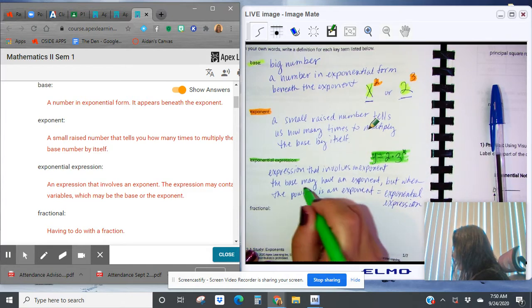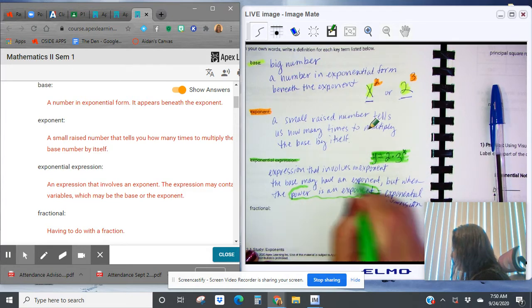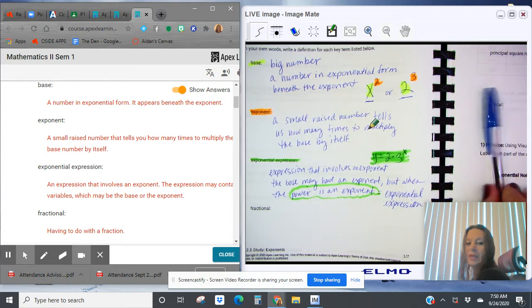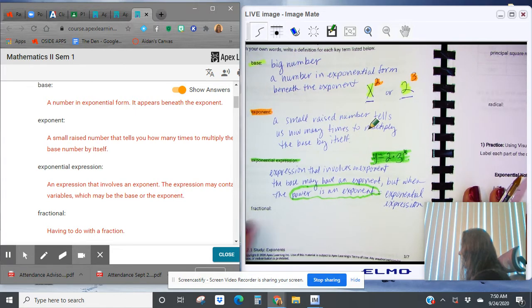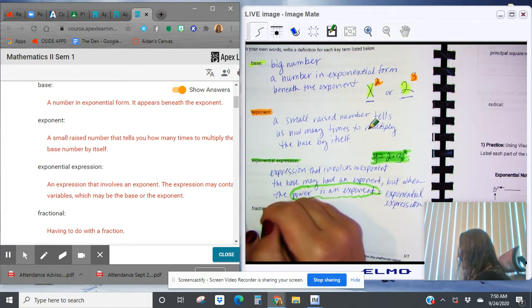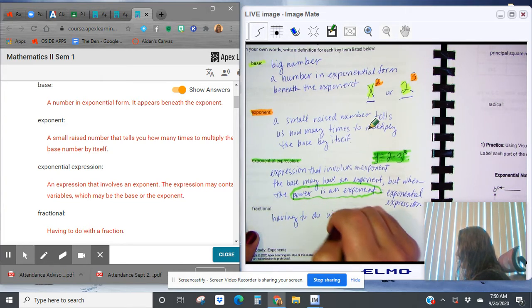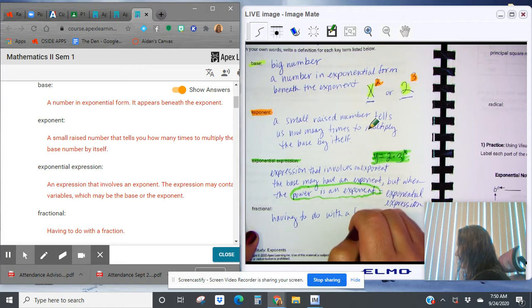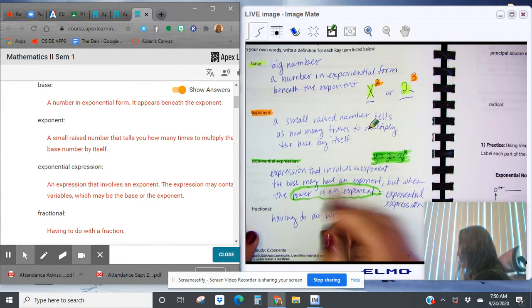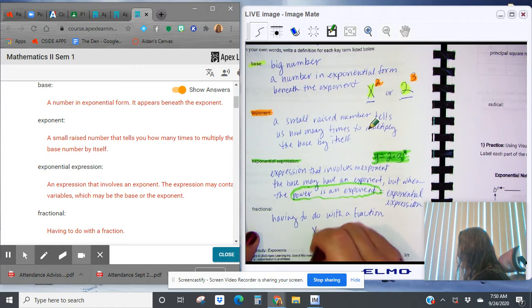And a fractional exponent is what we're going to be talking about in this chapter. So it has to do with a fraction. It would be like saying x to the power of 1/2.